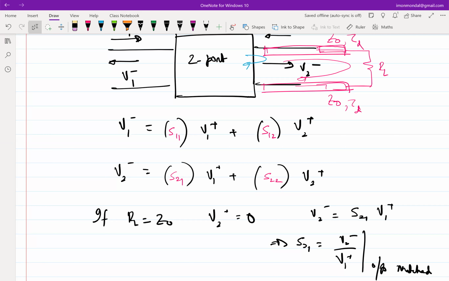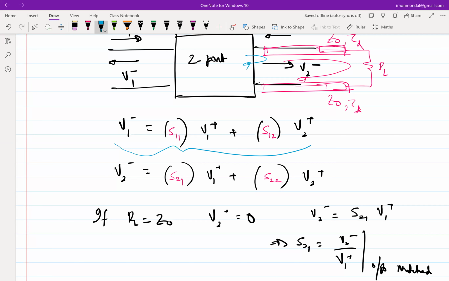So, for example, let's say I want to find out S11. From this equation, I need to isolate S11, which means that I have to ensure that S12 doesn't play a role at all. Correct? If I have to isolate S11, and I do not want S12 to play any role, I have to ensure that V2 plus goes to 0.